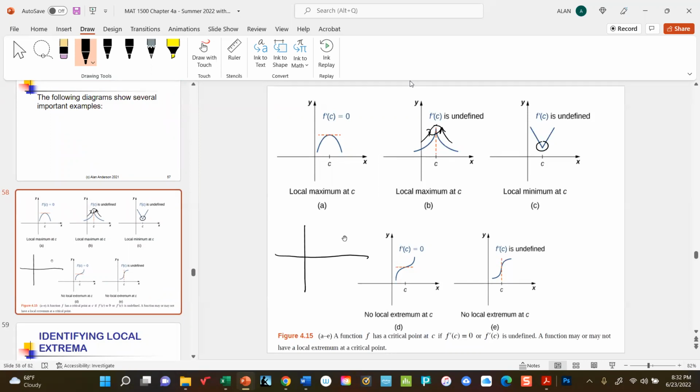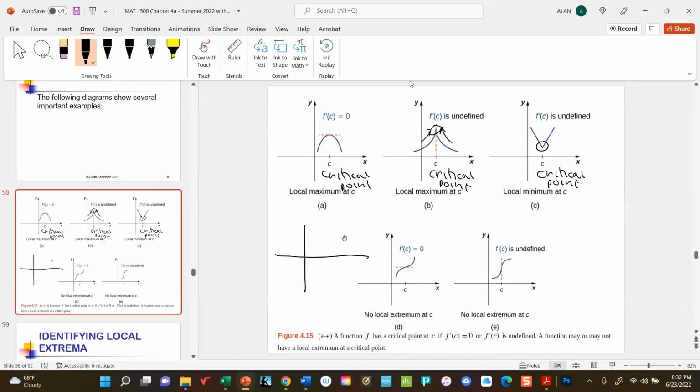And yet at the same time, we still have a maximum or a minimum. So these are still defined as critical points, because f prime of c has to be either 0 or undefined. So these all qualify as critical points.